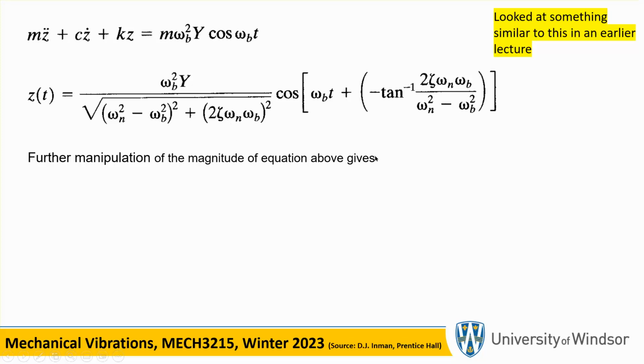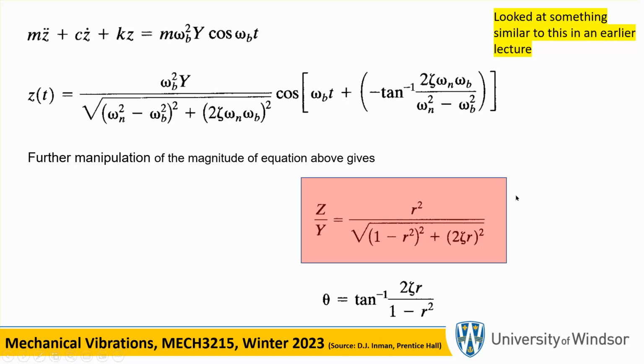We want to write things in terms of frequency ratio, namely omega b over omega n. And if you do that, if you clean this up and find the big Z, which is actually this thing, divided by big Y, which is the amplitude of the motion of the ground, you come up with this expression.